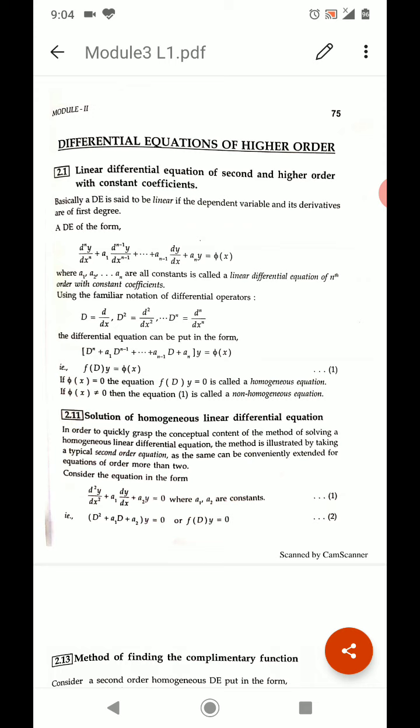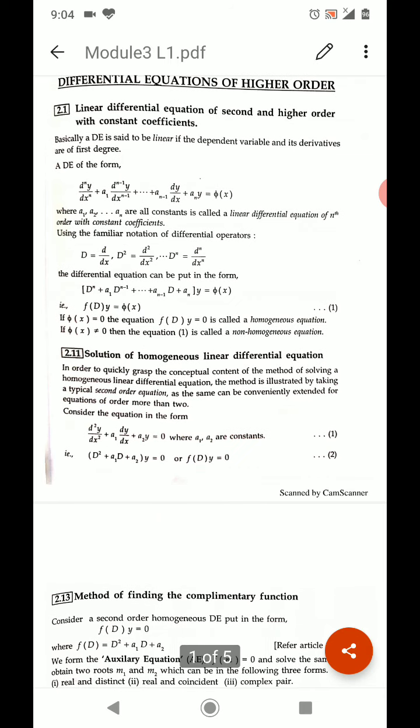So if we take d by dx equal to capital D, then the above equation becomes D square plus a1 D plus a2. Since y is common factor, we will keep it outside the bracket, which is equal to 0. By considering D square plus a1 D plus a2 as f of D, the above equation becomes f of D into y equal to 0.